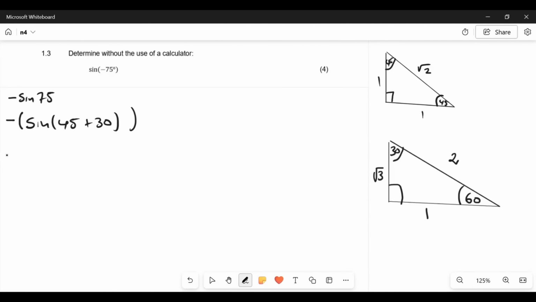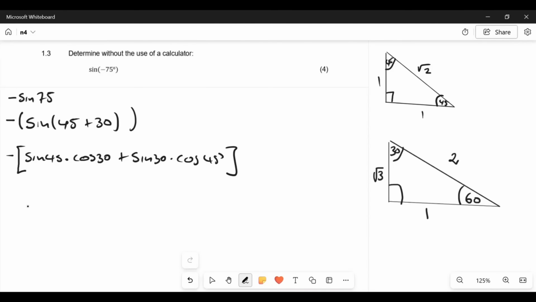So we still have that negative there. Let us not forget. If we expand this using compound, we're going to write sine 45 multiplied by cos 30 plus, because we have plus between the two here, it's going to give us sine 30 multiplied by cos 45. Then we close there. Right.